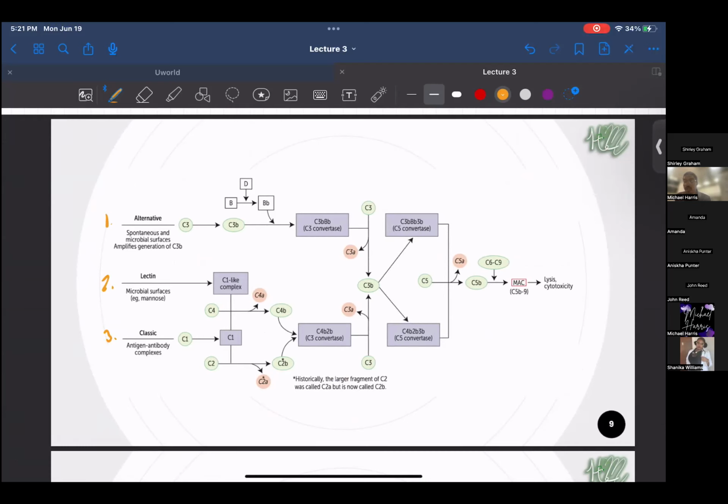For instance, you need to know that the alternative pathway is stimulated spontaneously on the surface membrane of bacteria. You need to know that lectin has to do with a mannose or a sugar on the surface of a microbe.